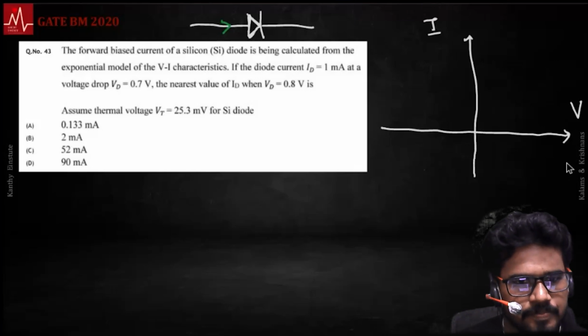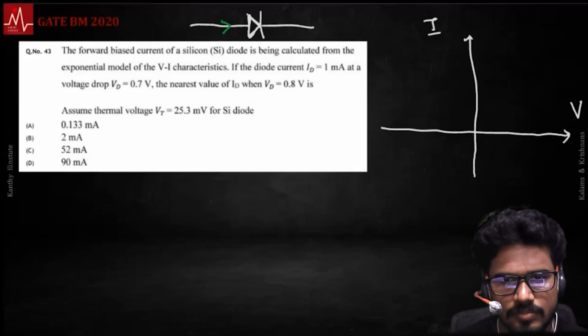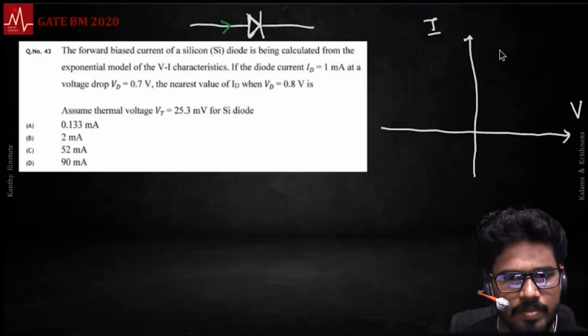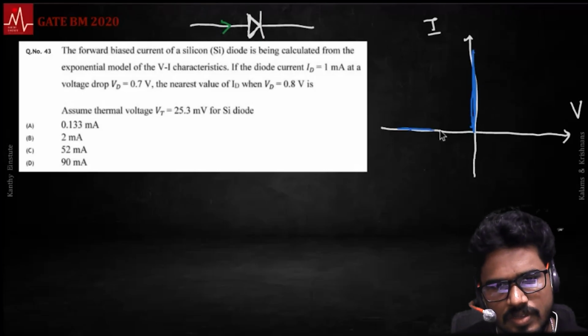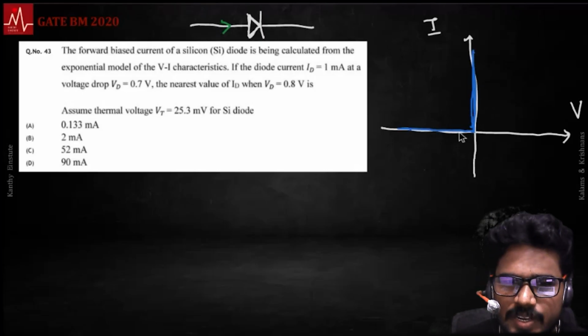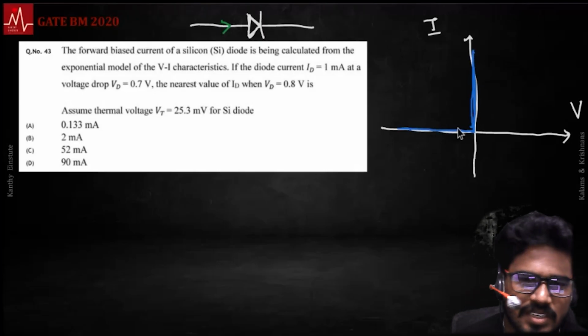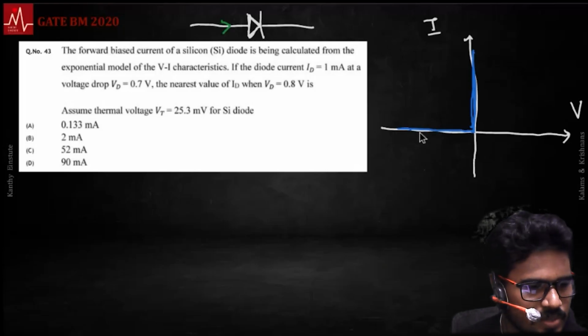Notice ideally they make it like this. Voltage across the diode is negative, current is zero.